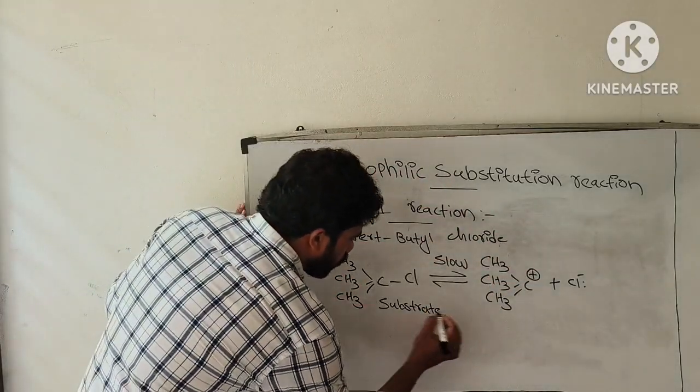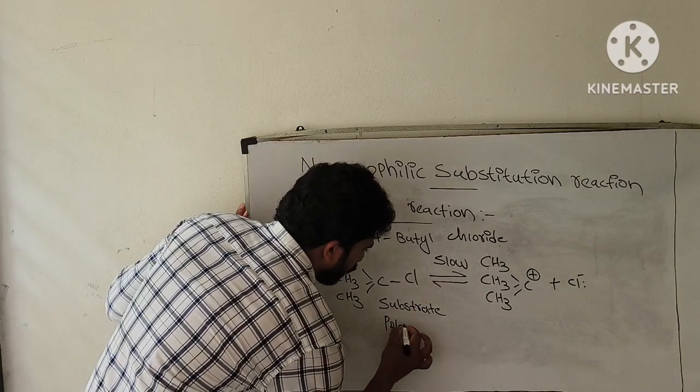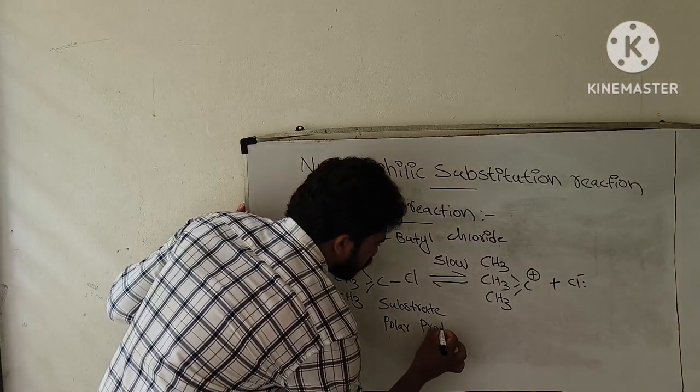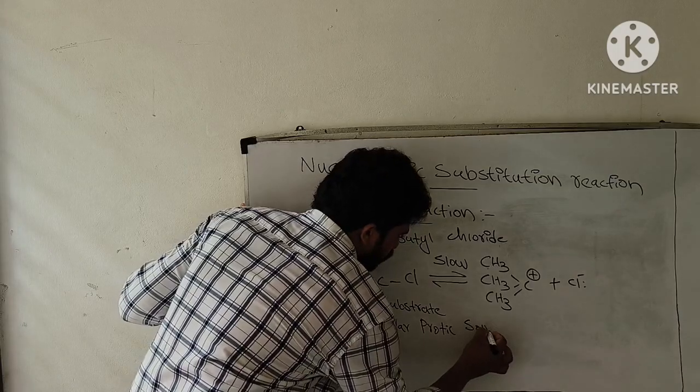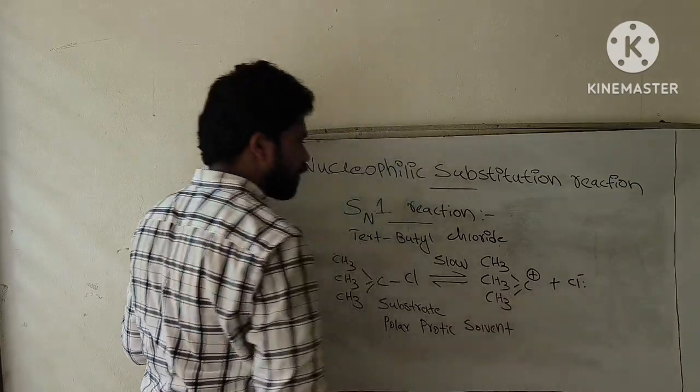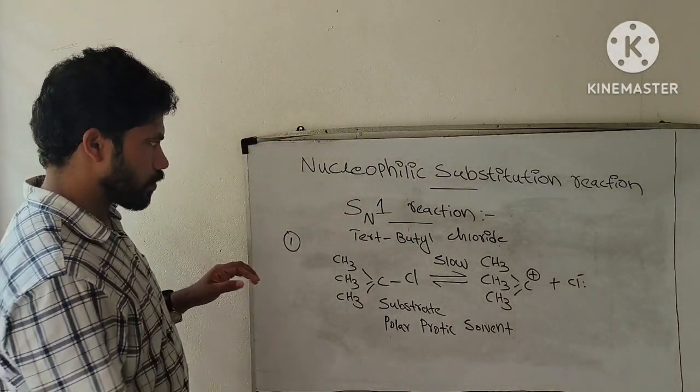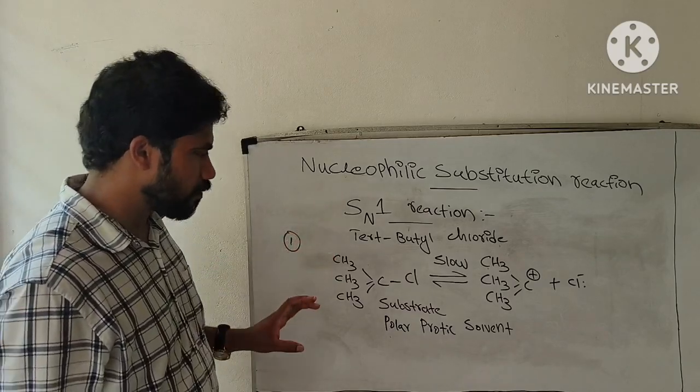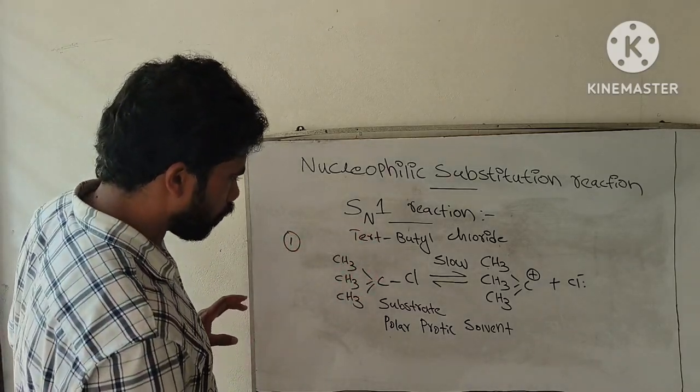So polar protic solvent can enhance this reaction. This is the first step of the SN1 reaction, formation of carbocation.